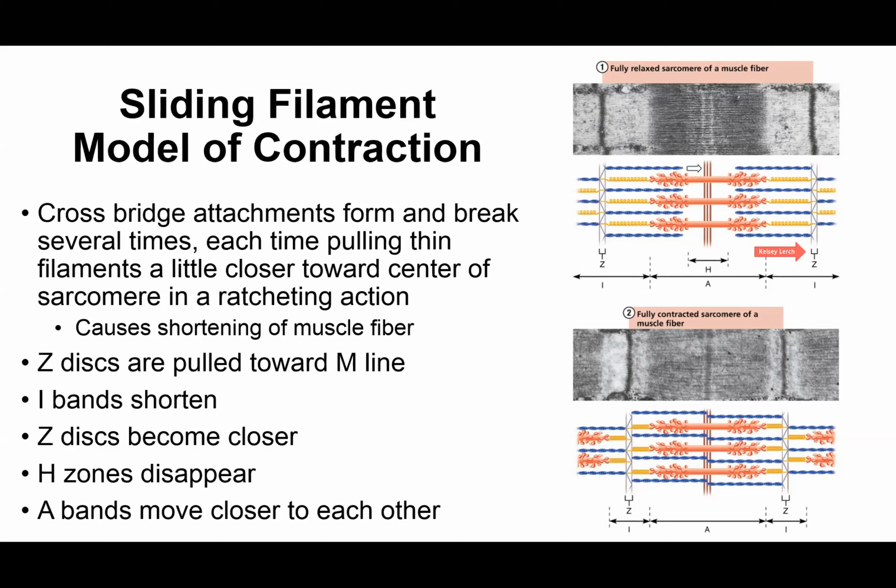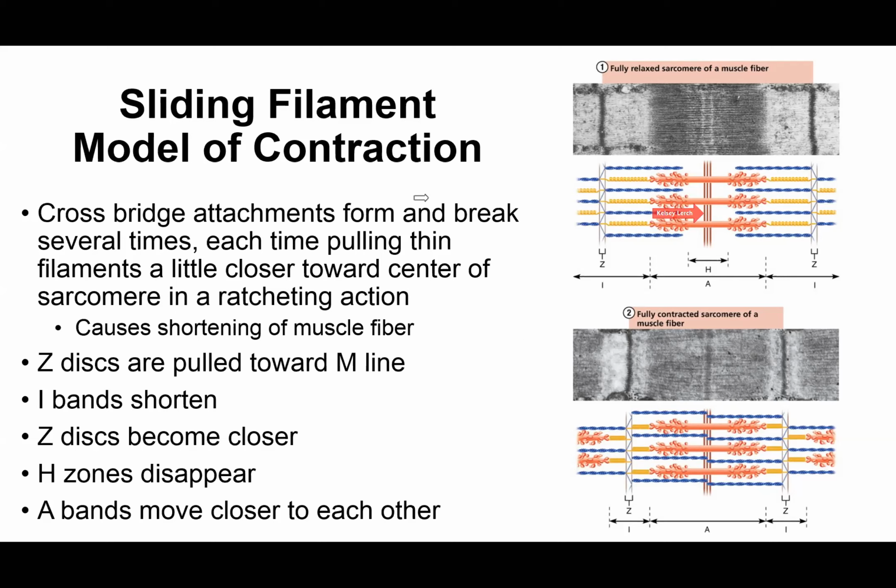And remember, the M line is this set of 3 lines, which are just proteins right here at the very center of the H zone. So the Z lines are coming towards the M line.